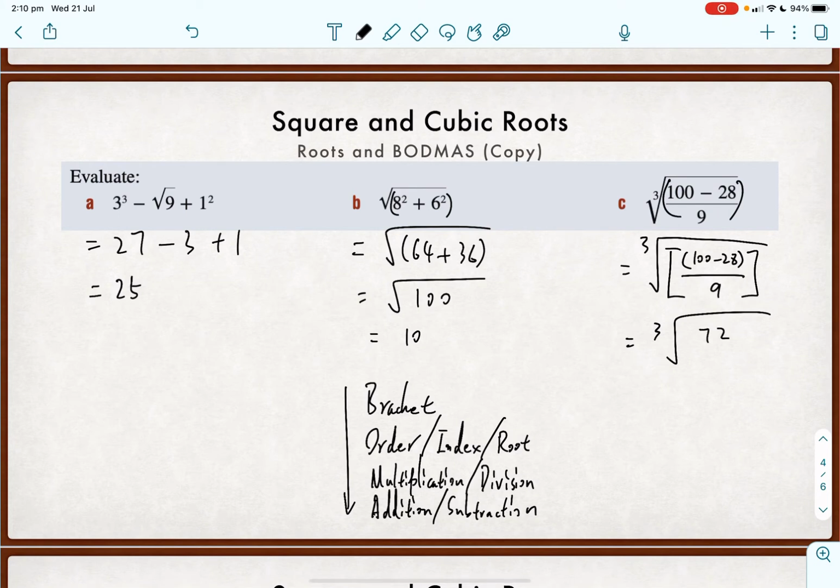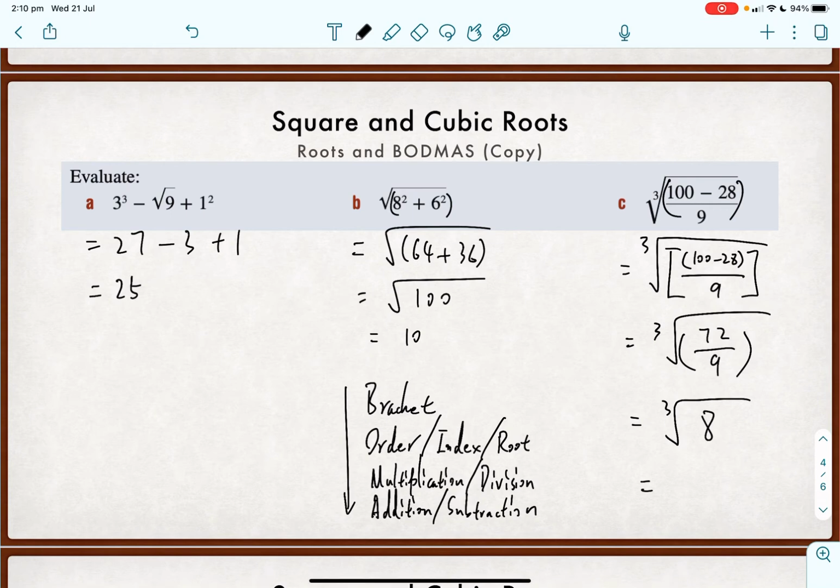So 72 divided by 9. Again, we need to finish whatever is inside the cubic root first because you got multiple numbers in there. So 72 divided by 9 is 9, isn't it? So cubic root, wait, 72 divided by 9... Oh, it's 8. Whoopsie. It's 8.